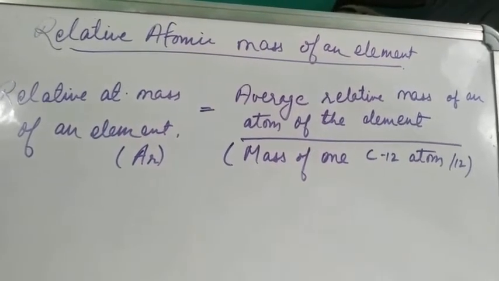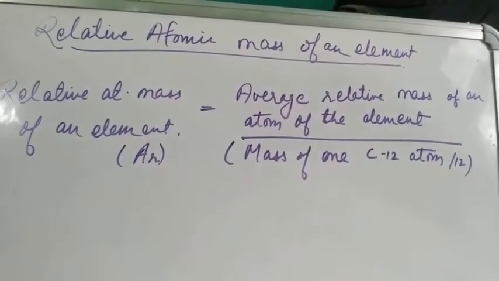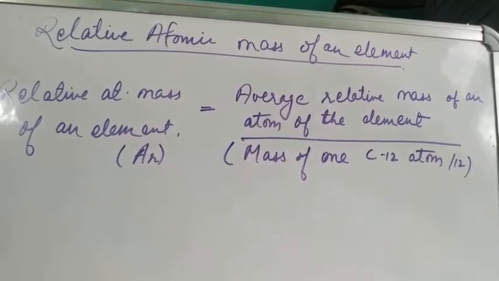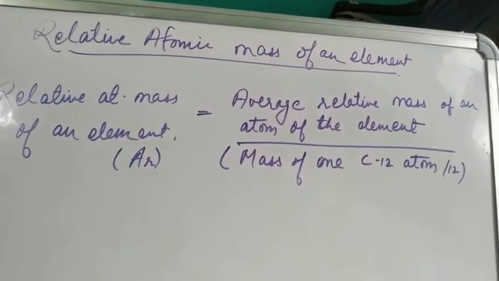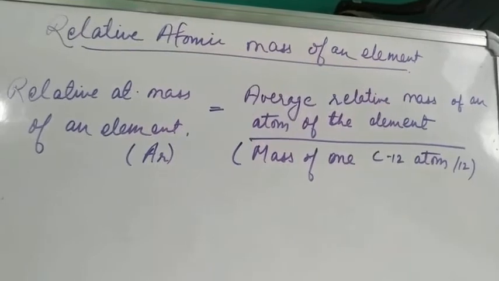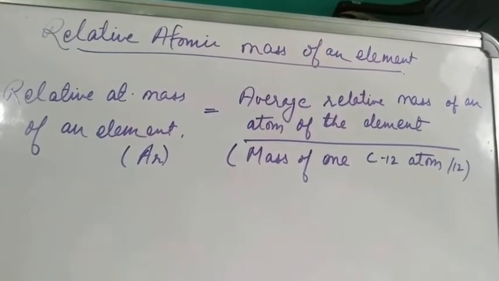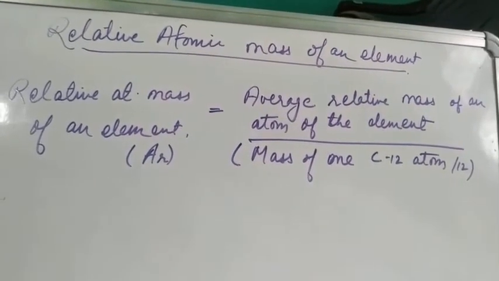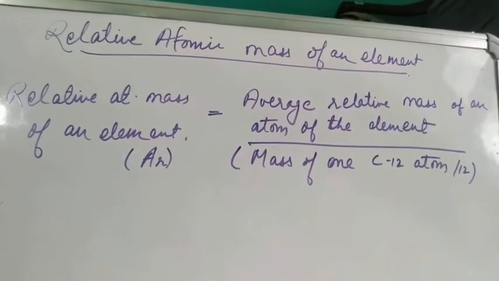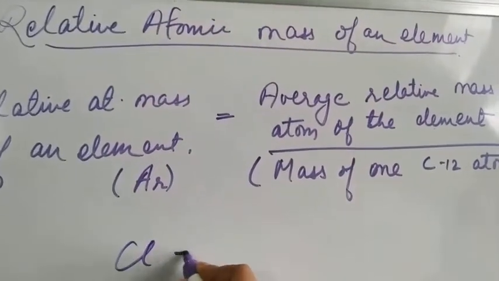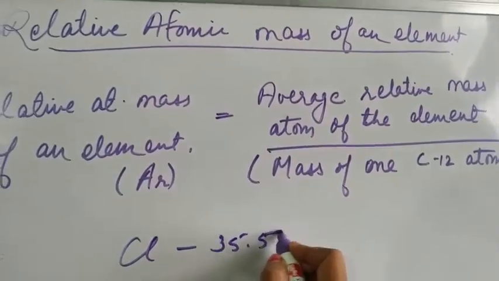So we say that the relative atomic mass of an element indicates the number of times one atom of that element is heavier than 1/12 of a carbon atom. For example, the relative atomic mass of chlorine is 35.5.